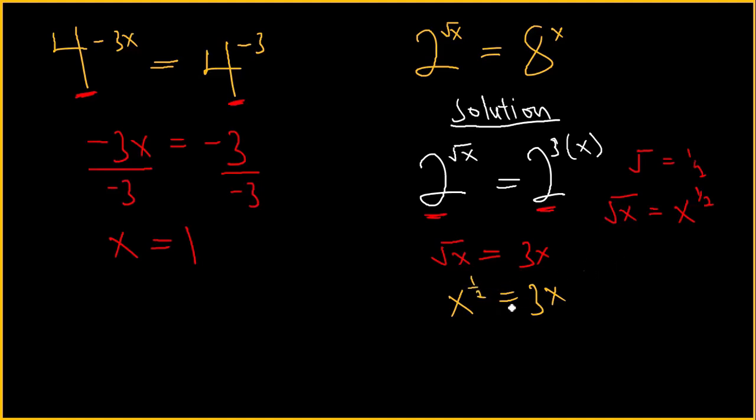So to neutralize this, I have to multiply the power by 2, and then I do the same here. This is also raised to the power 2.